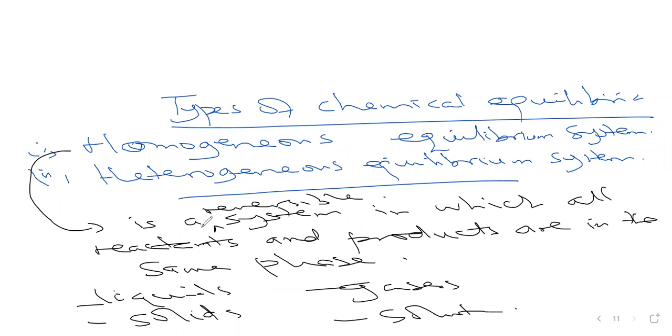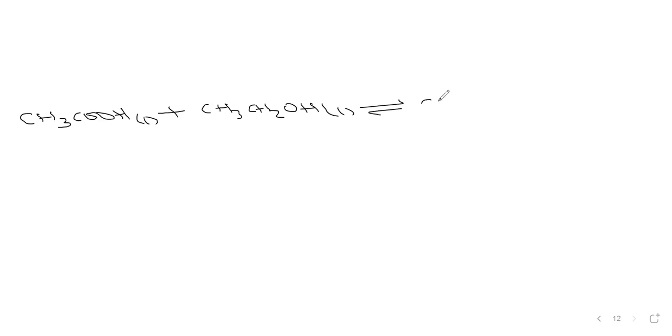Let's see examples of such a homogeneous system. I looked at one where I said ethanoic acid is a liquid. When it reacted with ethanol, which is also a liquid, the products are ethyl ethanoate, which is a liquid, and water, also liquid.